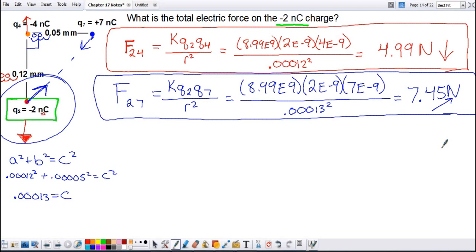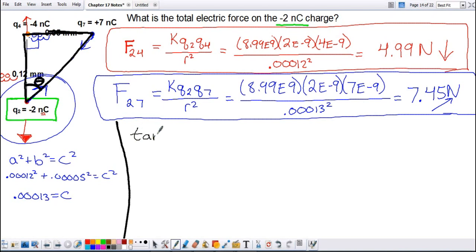Of course, we need to know a little bit more than just up and to the right. We want to find that angle. So what angle is this? In order to figure that out, we're going to use some trigonometry. Let's change our color a little bit. We're trying to find theta right here. I'm going to use opposite and adjacent, so the tangent function.